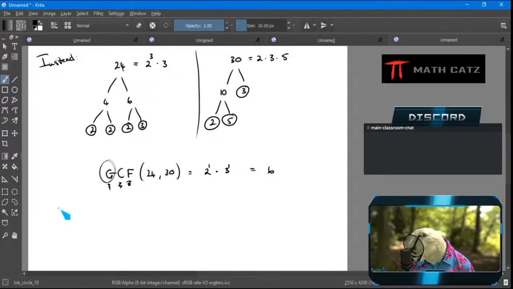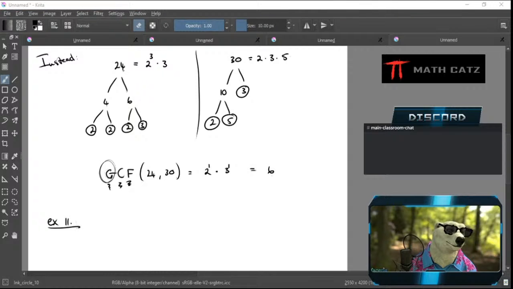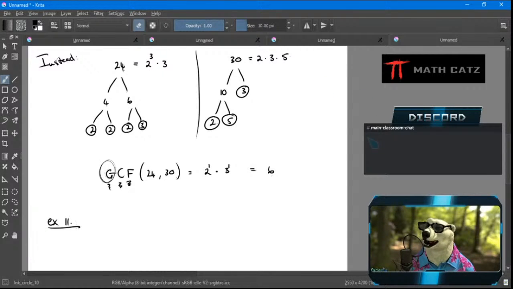All right, so now exercise 11.1, where we're going to use, no, not 11.1 at all. I'm looking at the wrong example. We're going to use the numbers we had previously and find the greatest common factor for some of those.